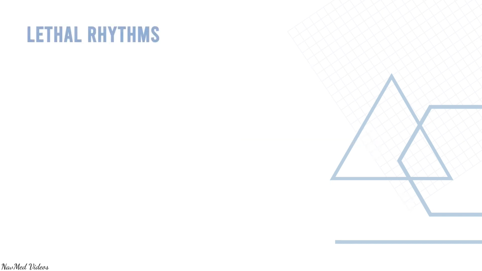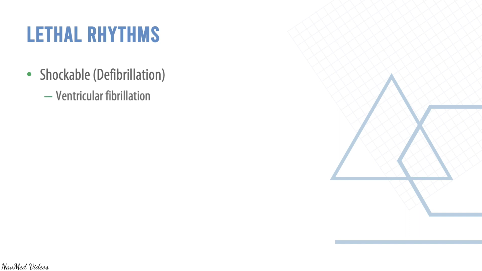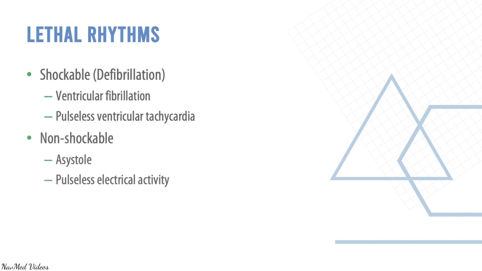So lethal rhythms, which ones? They can be divided into shockable and non-shockable. Shockable is where you can use a defibrillator to treat the patients: ventricular fibrillation, pulseless ventricular tachycardia. Non-shockable: asystole and pulseless electrical activity, which are lethal rhythms.